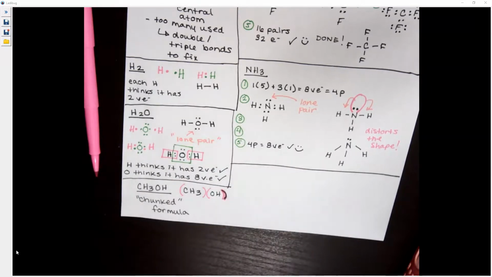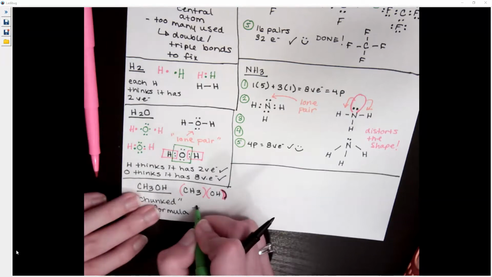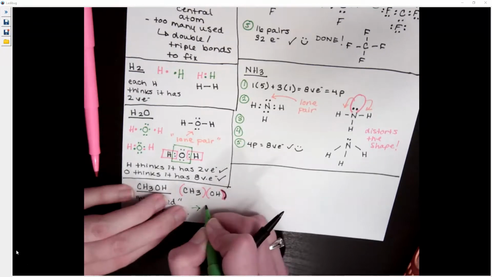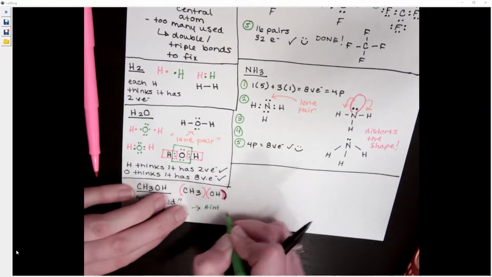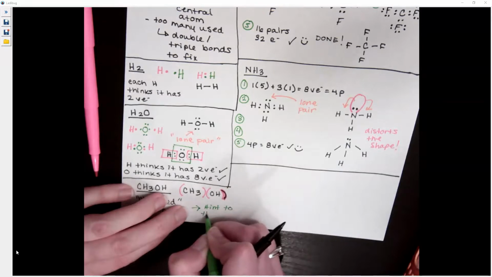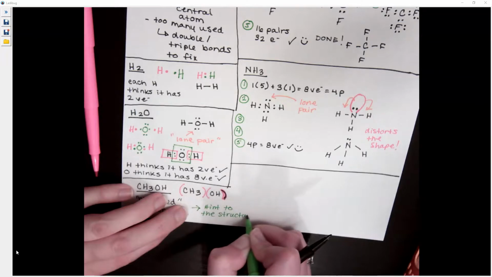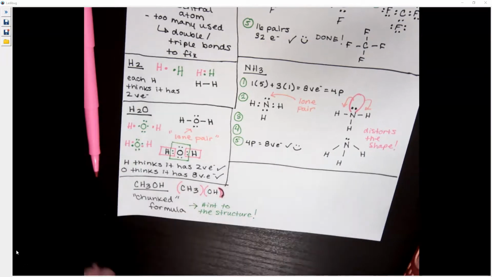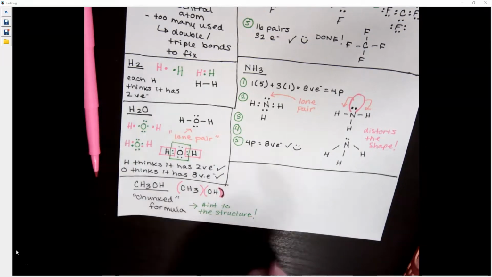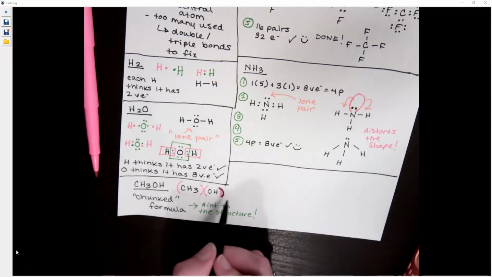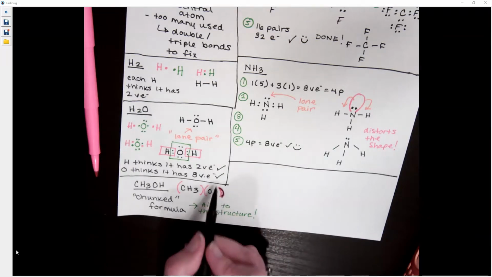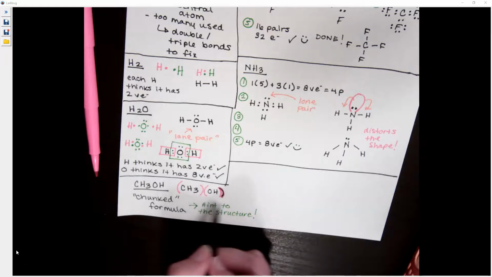And a chunked formula is trying to give you a hint to the structure. A lot of times this has to do with how the molecule will behave, that it's very important for us to know that this OH is on the end of the molecule.